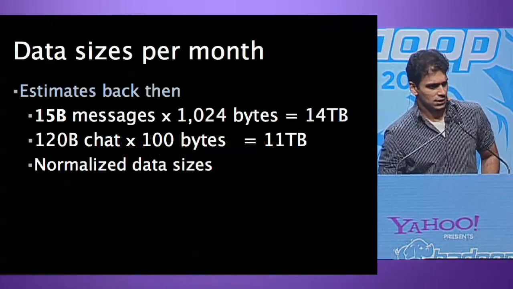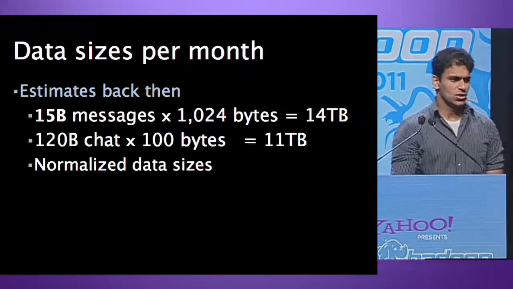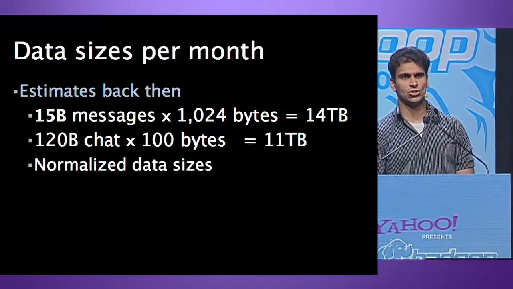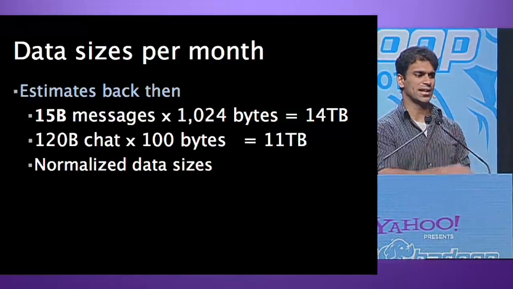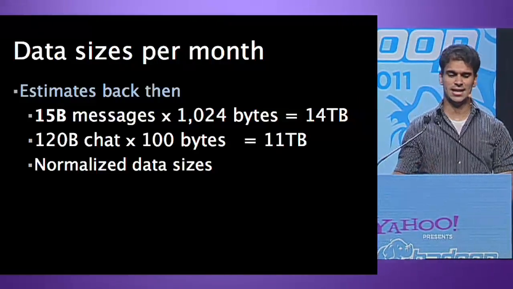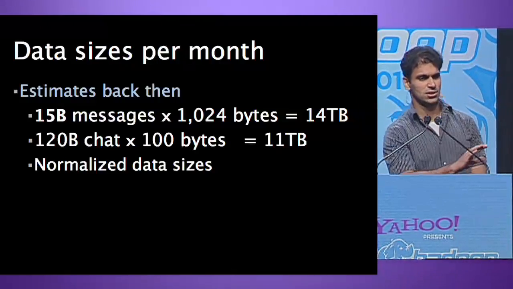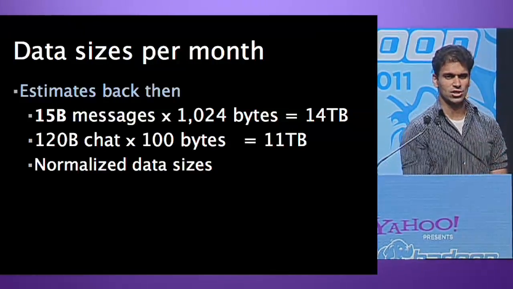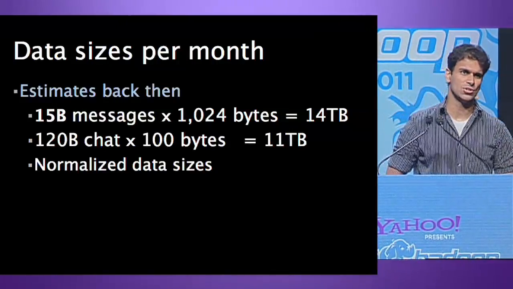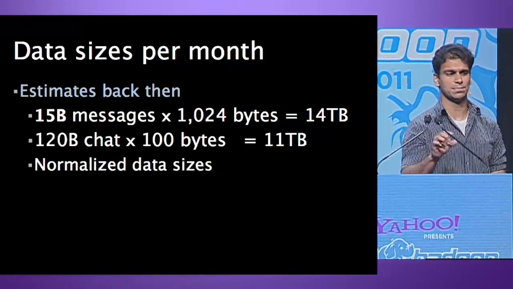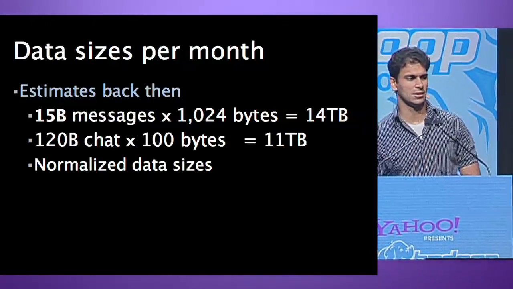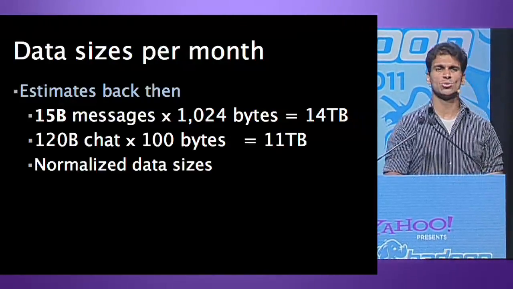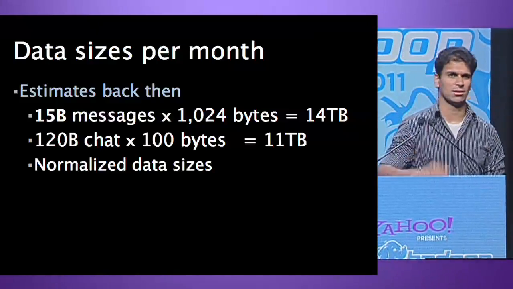So what did we estimate back then? We had about 15 billion messages coming in every month, and this was without SMS and legacy email. And that's just the traditional Facebook messages. If you assume about 1 kilobyte per message, that comes to about 14 terabytes, and 120 billion chat messages, which is always growing.